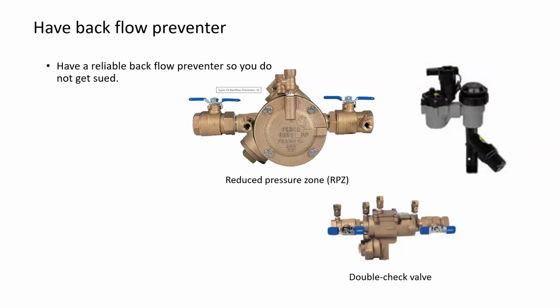In case of a fire hazard, or a fire truck pulling water from the same pipe that you are using for your small pumps, the pressure in the main line may be lower than what you have in your line, and then the water from your production system might go into the main line, which is a concern, mainly if you're using agrochemicals or injectors with pesticides and fertilizers. So always have this backflow preventer in the system.